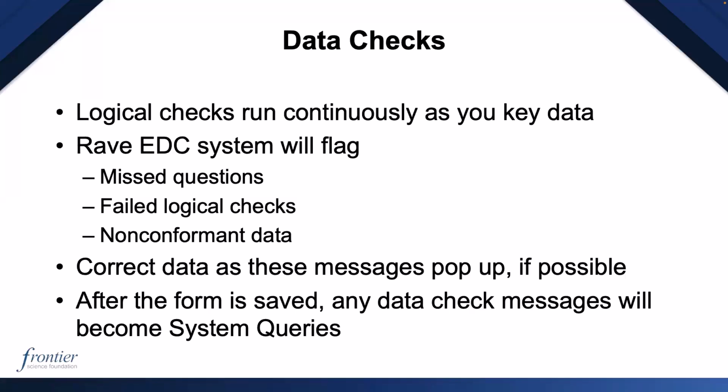So if possible, you should always correct these as the messages pop up. You'll get a notification right as you're typing, as you move to the next question before the form is saved. And if you can make the correction before saving the form, there will be no query issued, and the change will not be recorded in the audit trail.